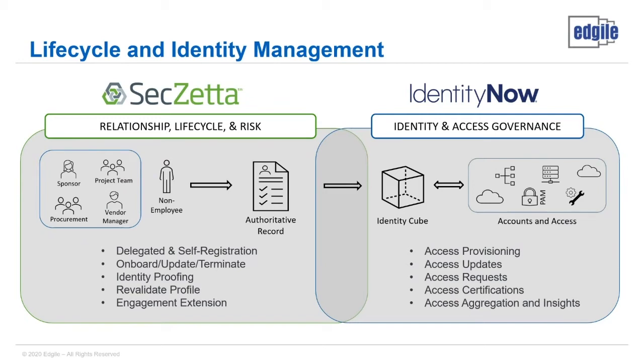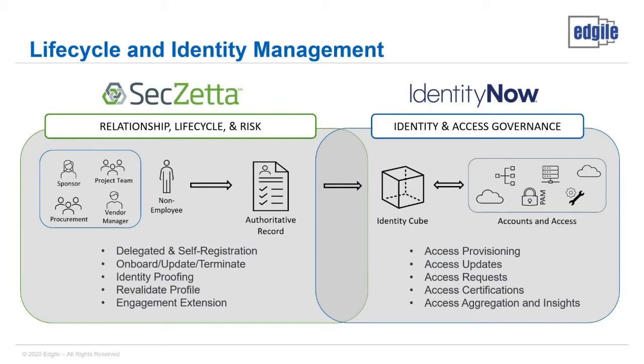We are also able to do things like, hey, Bob is coming on board next week. Let's make sure Bob is who he says he is before we provision his access. So we can do identity proofing in a digital, remote way. Profile revalidations, extension actions, termination, all of that is very proactively maintained within that authoritative record for the non-employee.